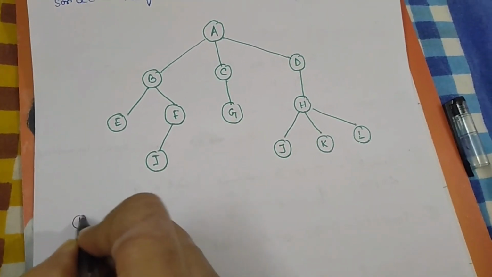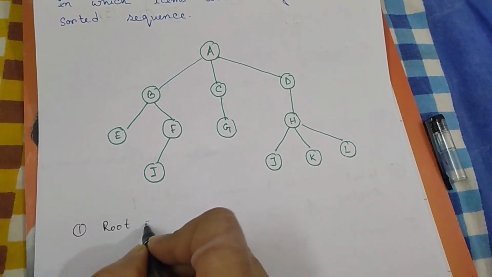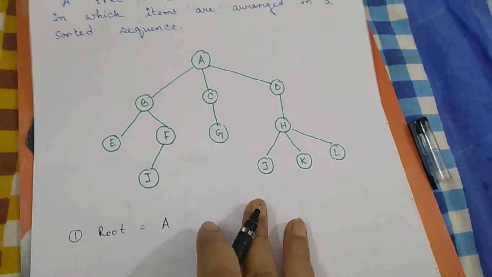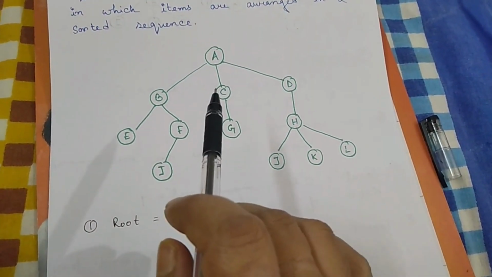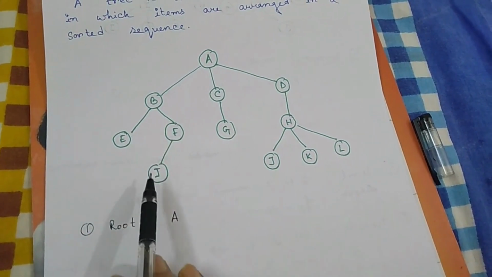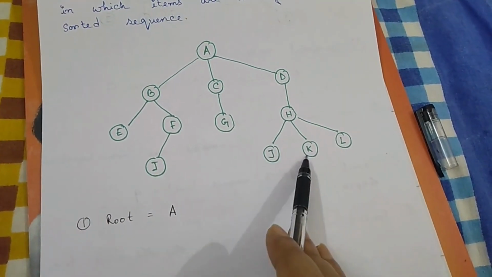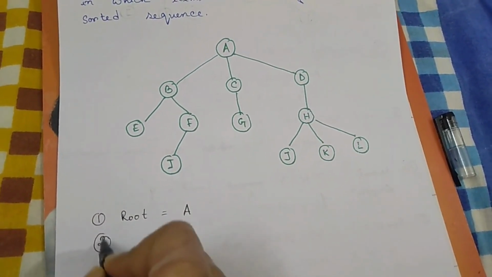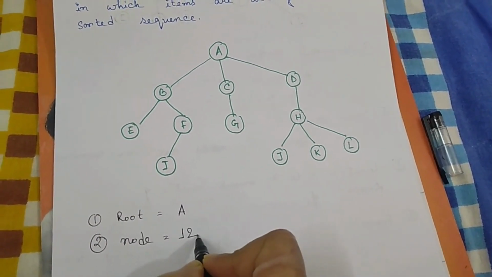So the root of this tree is A. Now what are the nodes of that tree? Here, total 1, 2, 3, 4, 5, 6, 7, 8, 9, 10, 11, 12. So the total number of nodes of that tree is 12.